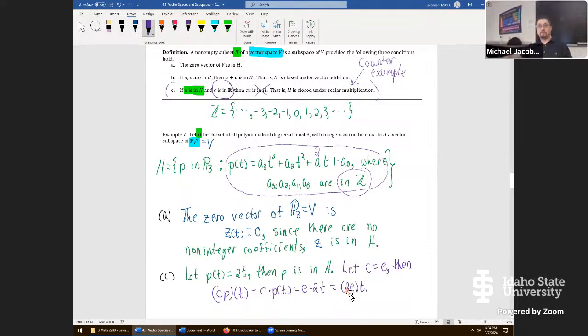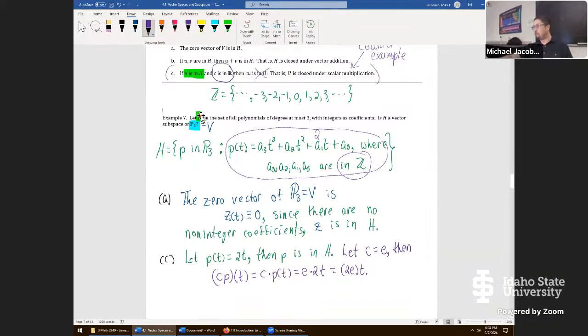Now what's the problem? 2 times e is irrational, just like e is an irrational number, does not belong to the set of integers. That means we're not in the set any longer. We left the set the moment we multiplied by any irrational number. Could have been root 2, it could have been a custom irrational number, maybe pi or something.